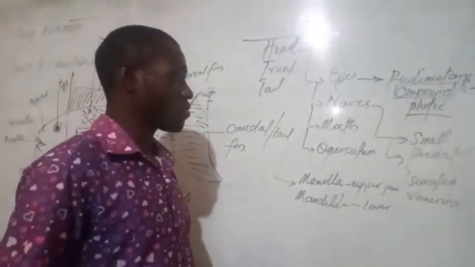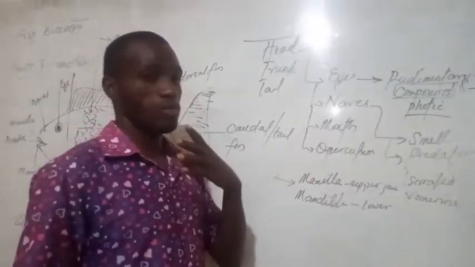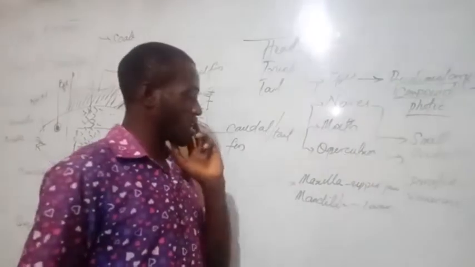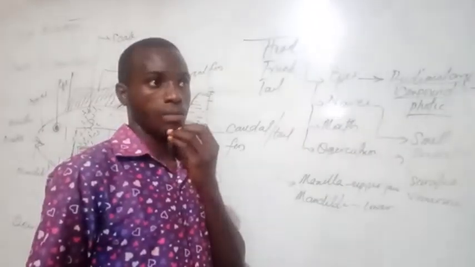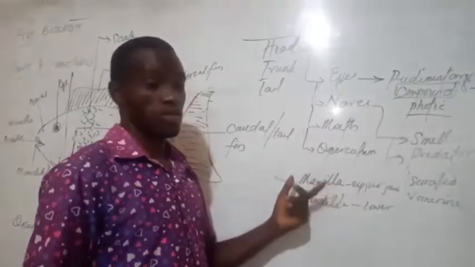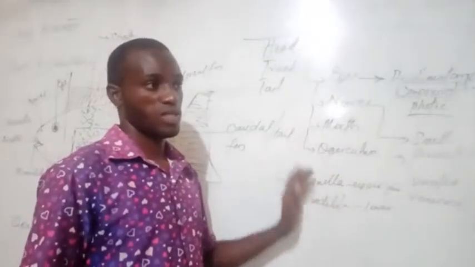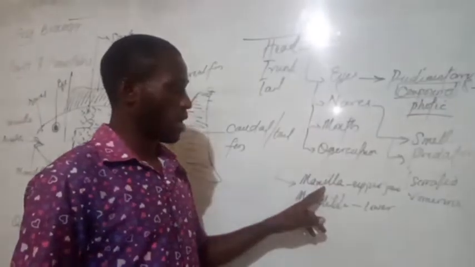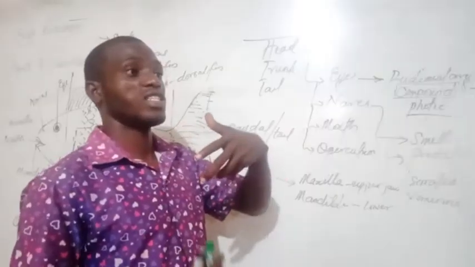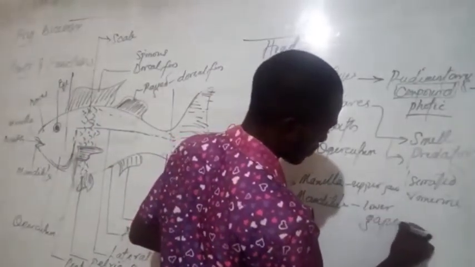So there are some fishes that their mandible and maxilla, sometimes it's like the human. For some fish, the maxilla is fixed and the mandible is movable. And in some others, both are movable, and it increases what is called the gape size.